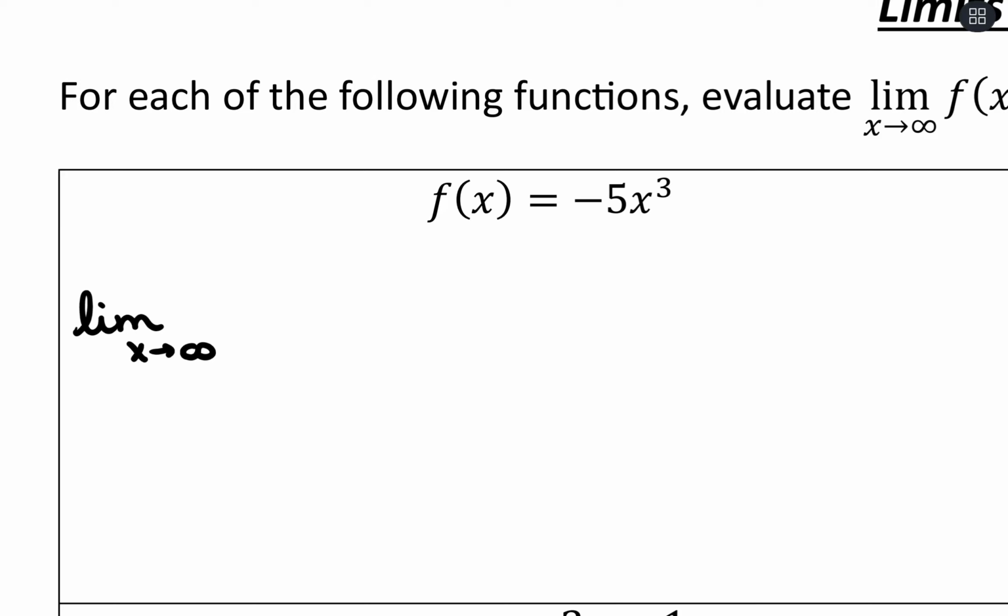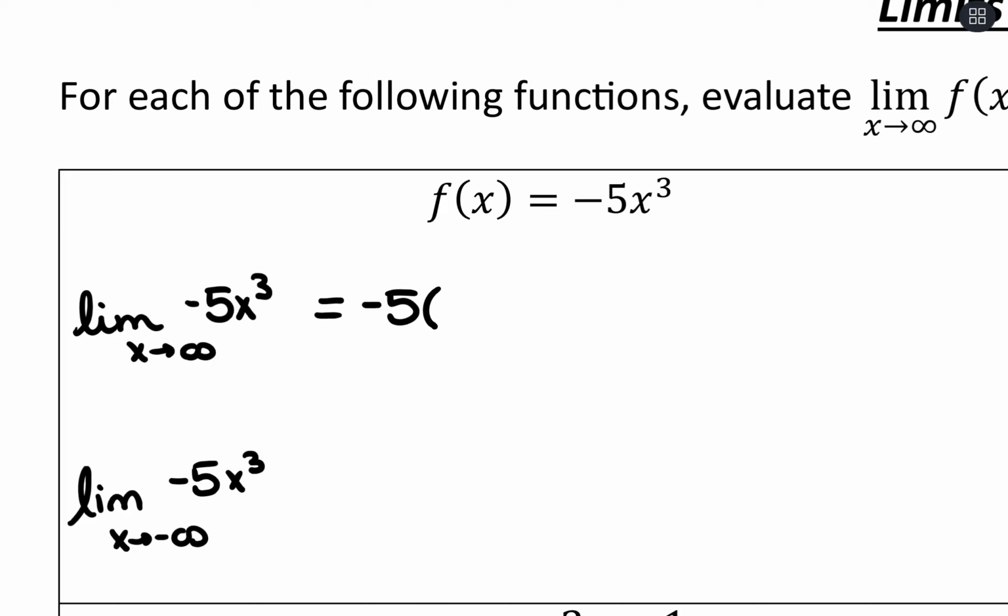As x goes to positive infinity for negative 5x cubed, and as we go to negative infinity for negative 5x cubed. Let's see what happens when we just plug infinity in. It would look like negative 5 times positive infinity cubed.